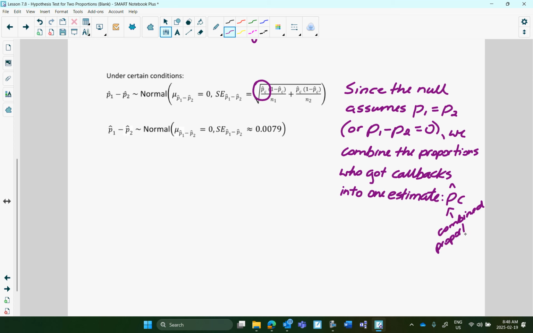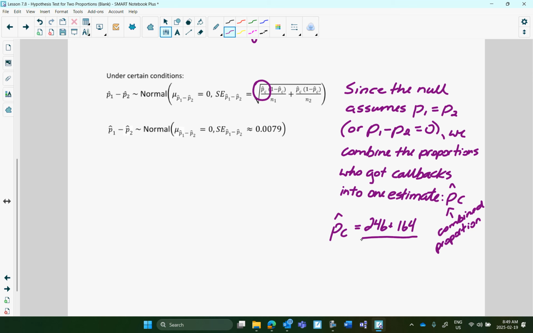And how do we calculate it? We calculate the combined proportion who got callbacks in the samples that we took. Remember, it's p hat c, by adding the number that received callbacks in both groups. So for white, it was 246, and for black, it was 164, over the combined sample size.